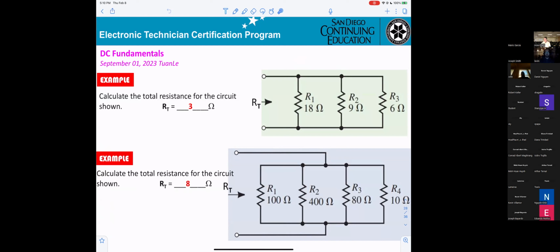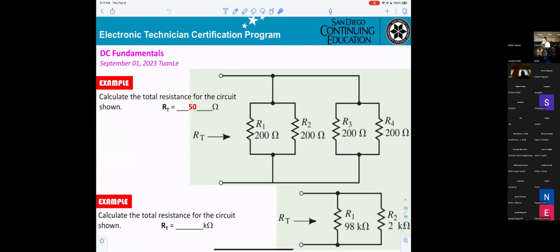And the total current will be equal to I1 plus I2 plus I3, for each branch. And this is the calculation for resistors in parallel.